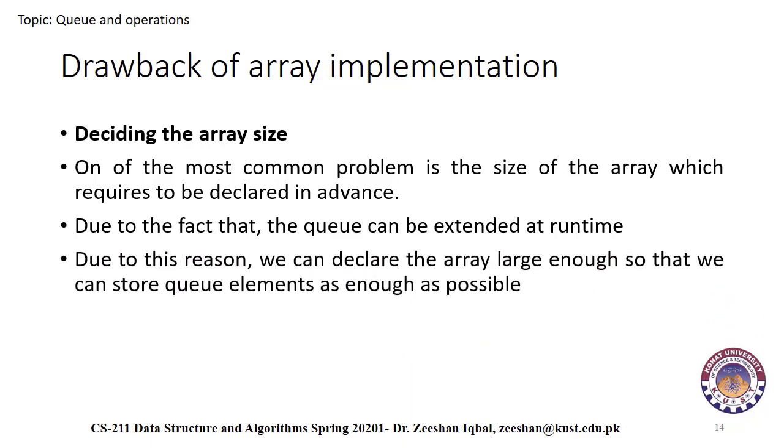Due to this reason, we can declare the array large enough so that we can store as many queue elements as possible. But the main problem with this declaration is that most of the array slots can never be reused again. It will again lead to memory wastage.